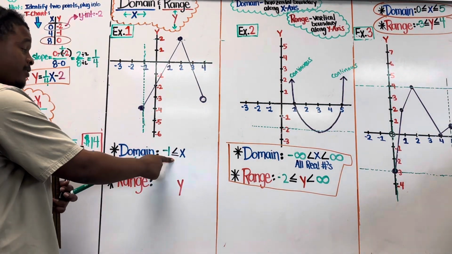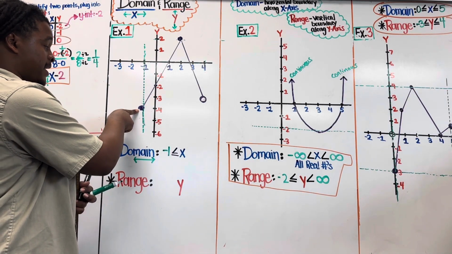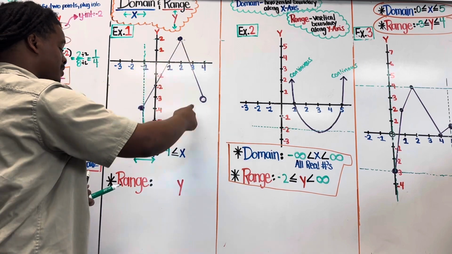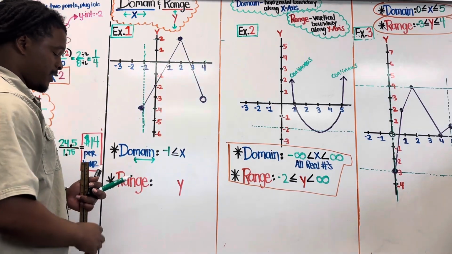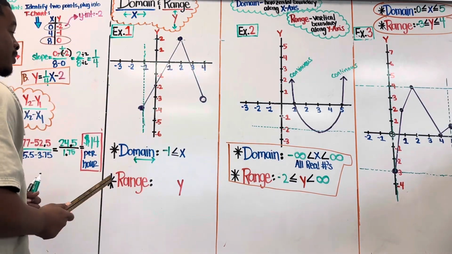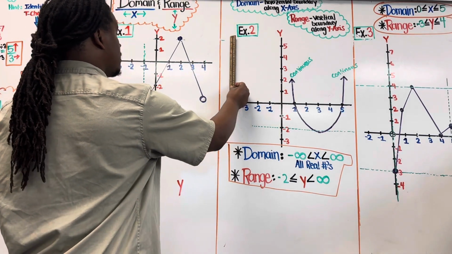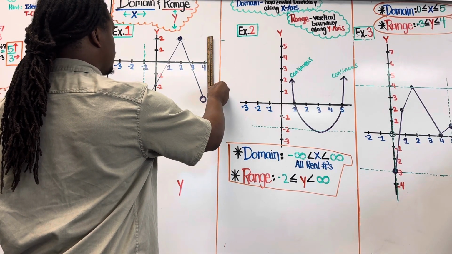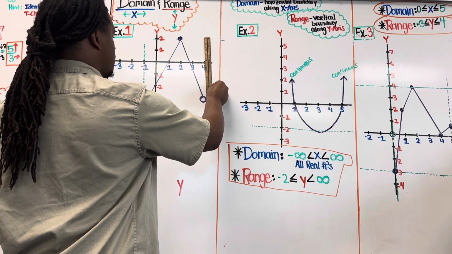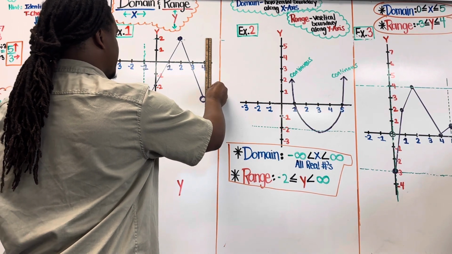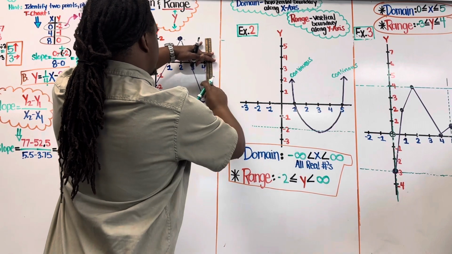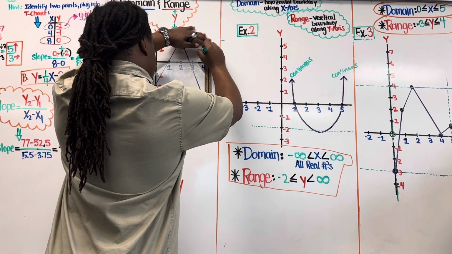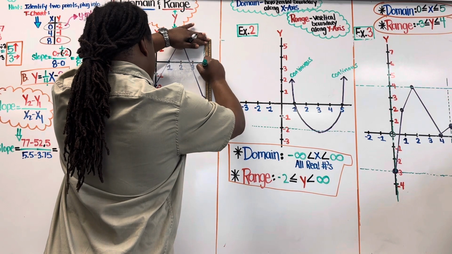It could equal -1, that's why it has a shaded in dot, but it also could be these particular values that are greater than -1, okay? Now I'm going to find out what is the greatest x value that x could actually be, right? And I stop at x equals 4, along the x-axis. So I'm going to draw this little boundary right here.